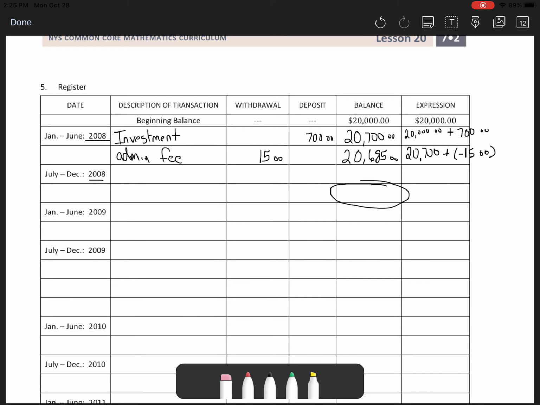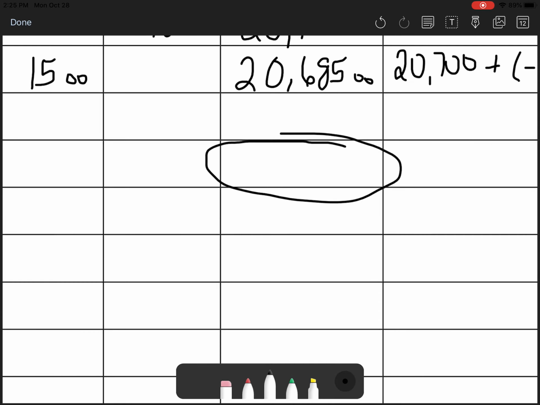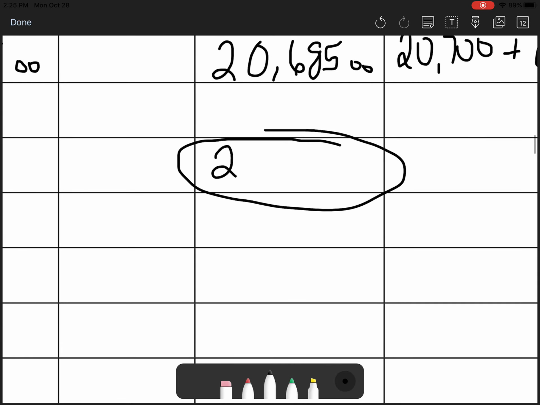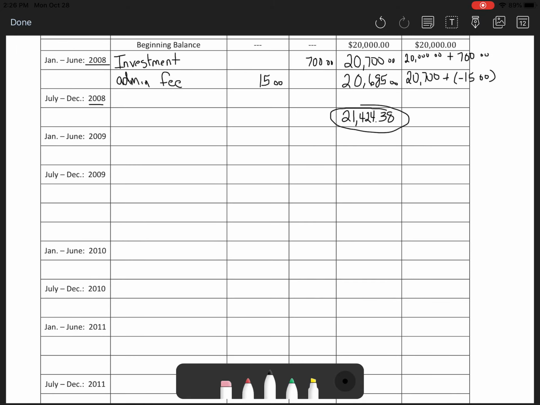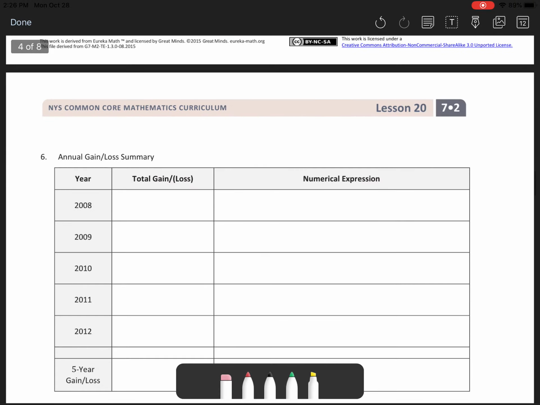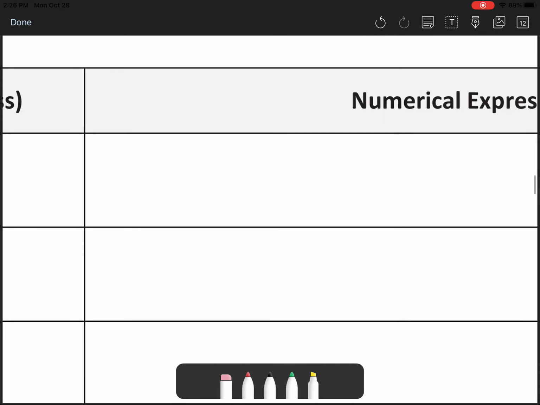So you're going to take that number, which happens to be $21,424.38. I need to now figure out how much I earned.